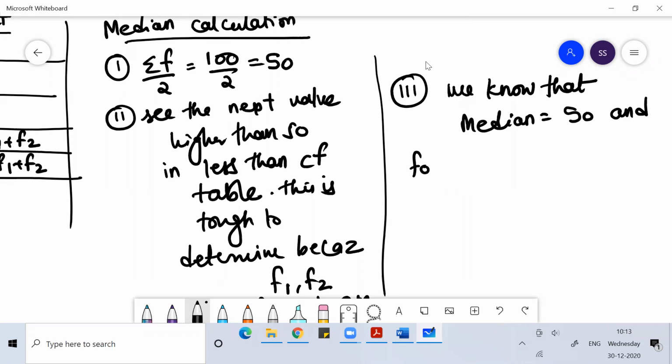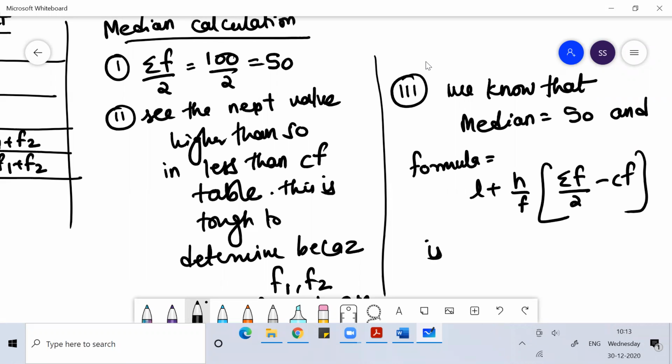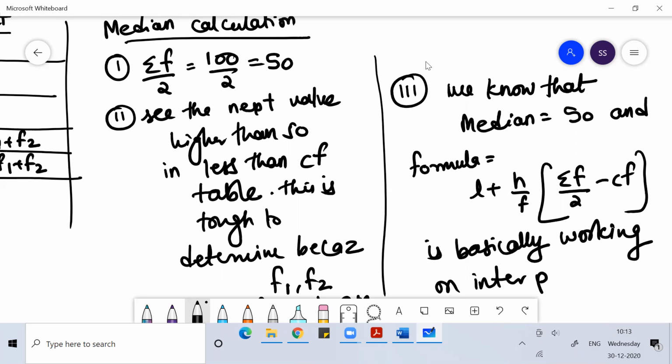And this formula we use, L plus h by f, sum of f by 2 minus cf, is basically working on interpolation.